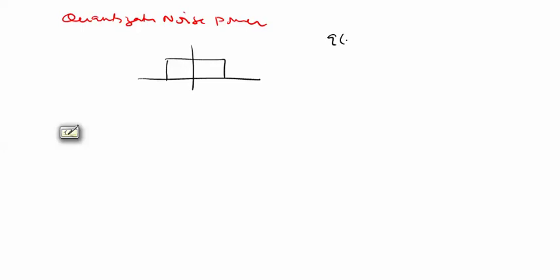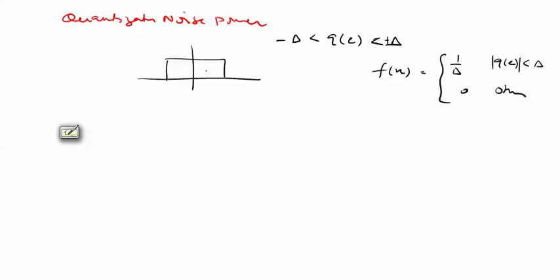Quantization noise power, we will calculate. In delta modulation we know the error is in the range of minus del to plus del. The PDF function is defined in this way: 1 by 2 del for minus del to plus del, otherwise 0.